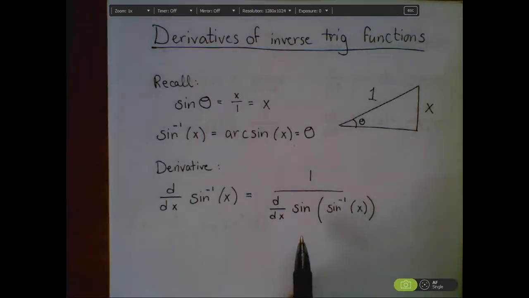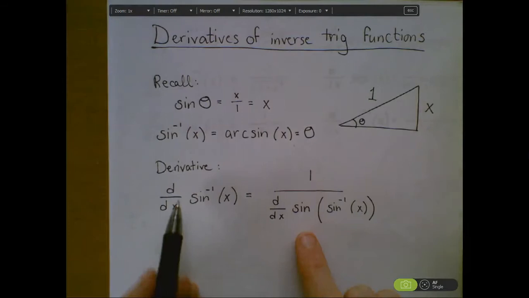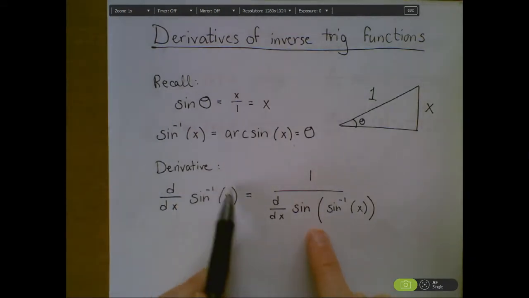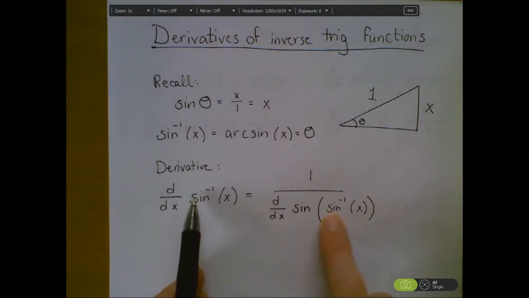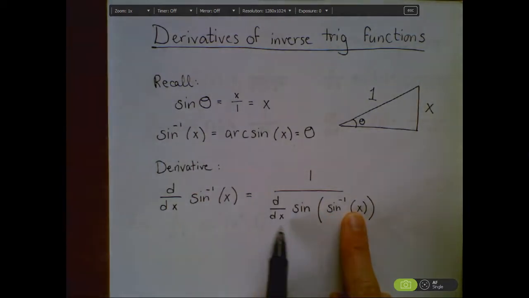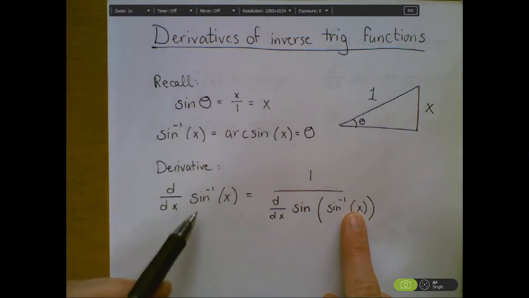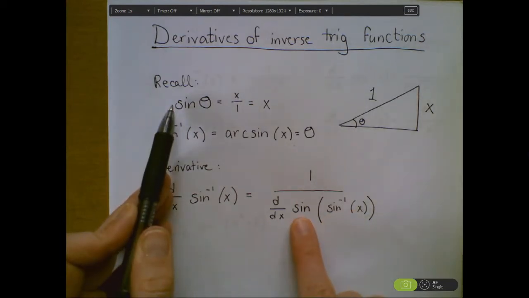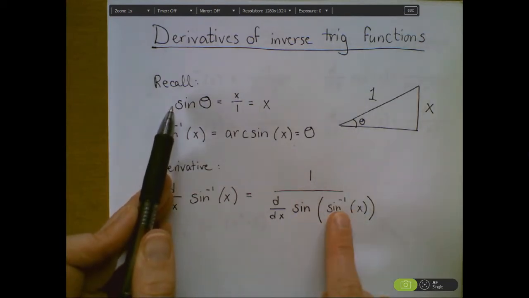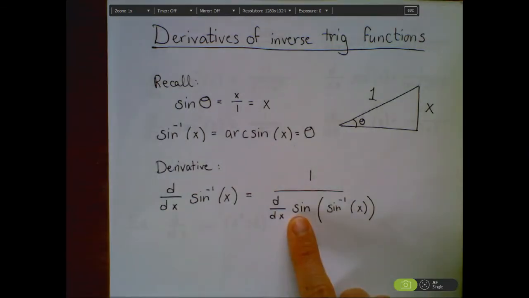This seems a little messy, right? Because our g function in this case is my inverse function, so this is my g essentially on the inside. And the outside is the derivative of the original function f, and the original function f is just the sine function, because this is the inverse function, this is the original function.